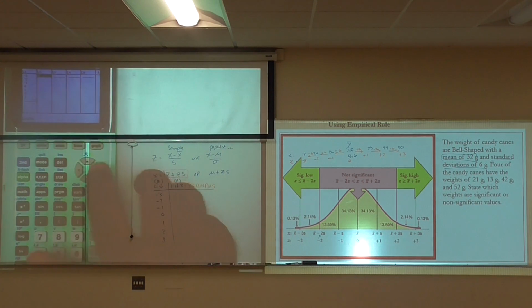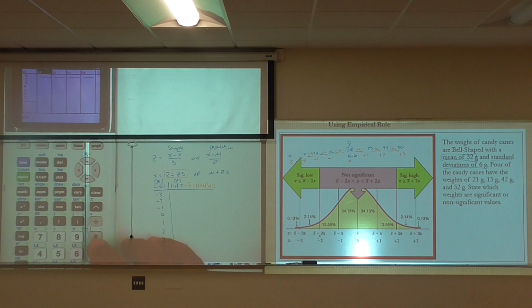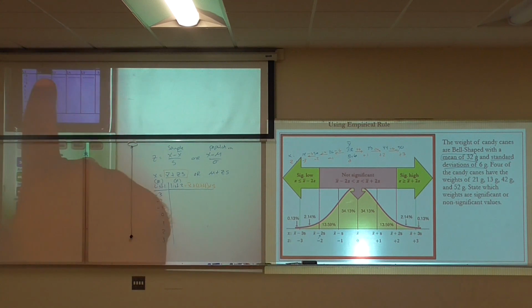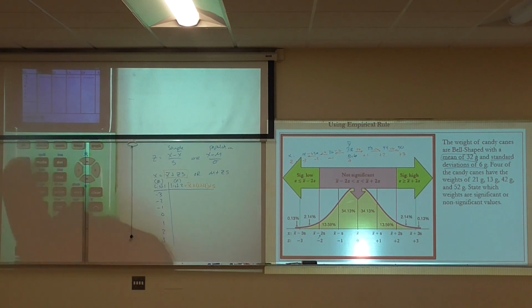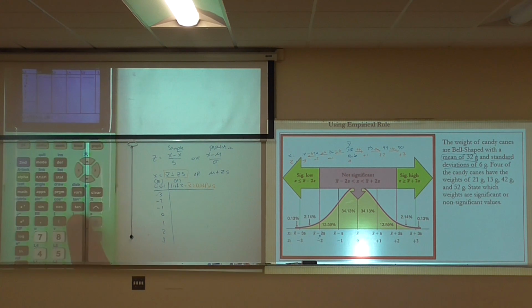Now I'm going to go for my x's, which here I'm going to highlight list 2 like always, do the list operation, and I'm going to just put it here: my mean was 32, plus my list 1, that's where my z-scores are at, times my standard deviation, which is 6.